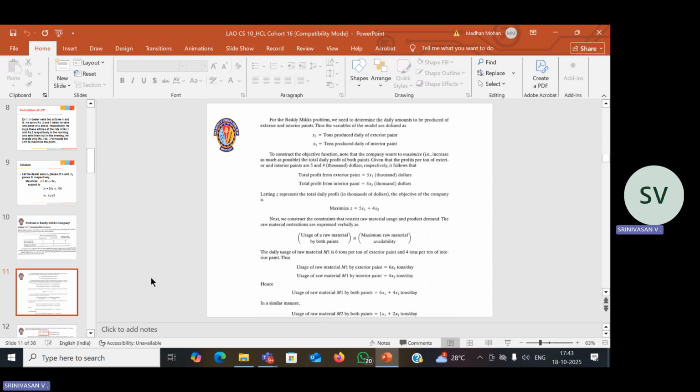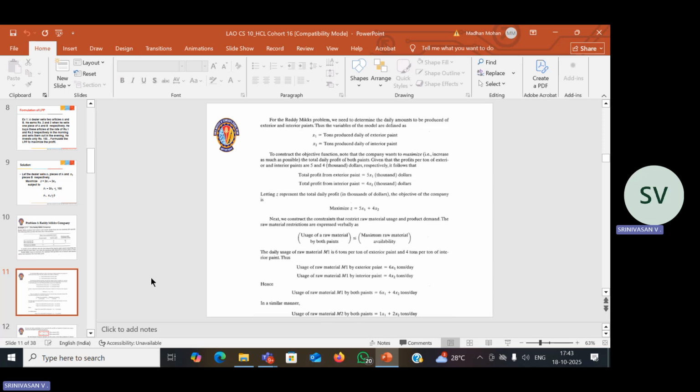Total profit from interior paint is 4x2 in $1,000. Letting Z represent the total daily profit in thousands of dollars, what is the objective function? The objective of the company is to maximize the profit. So maximize Z equal to 5x1 plus 4x2.